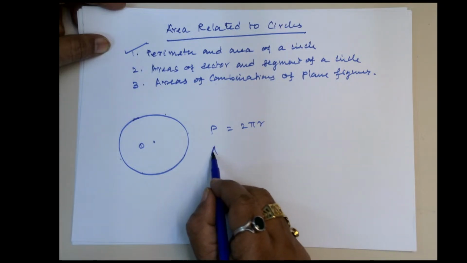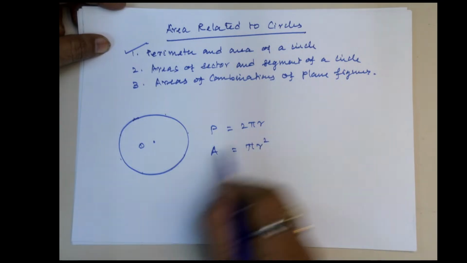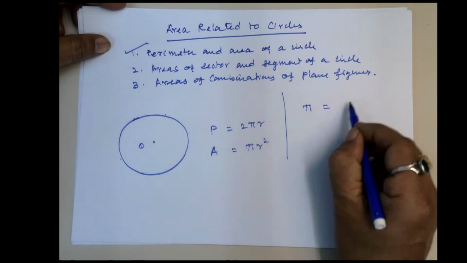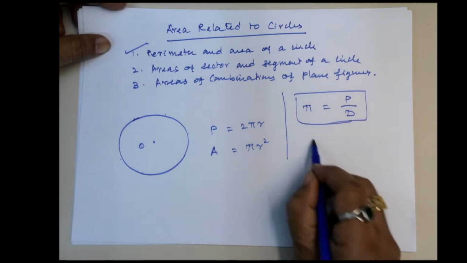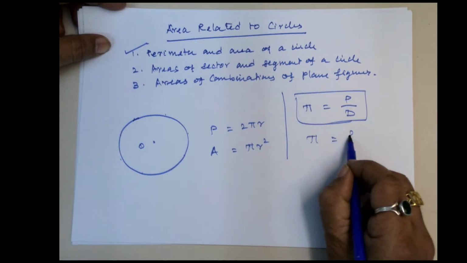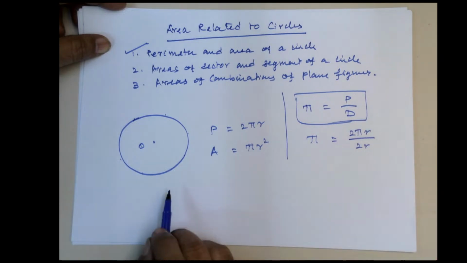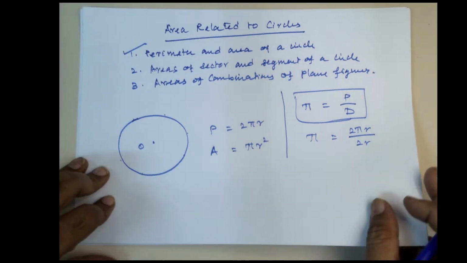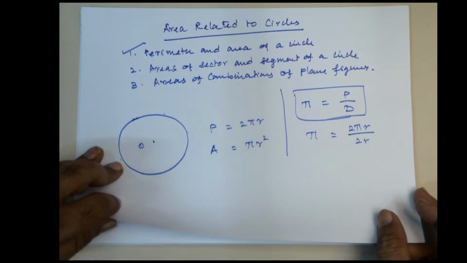And the area of a circle is pi r square. I already explained the meaning of pi, which is nothing but perimeter divided by diameter. So pi is equal to perimeter, 2 pi r, divided by diameter, 2r. Now let us proceed with the next topic, that is sector.